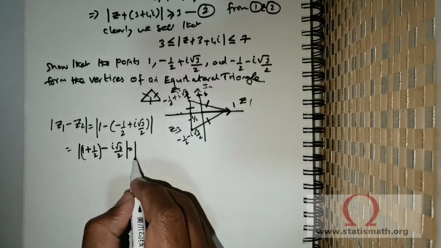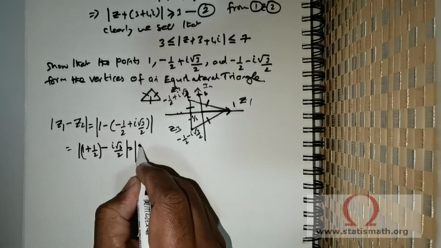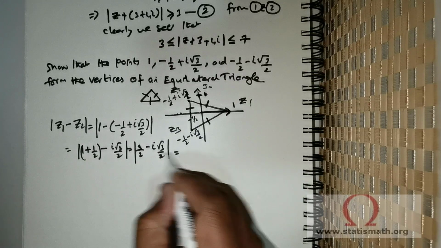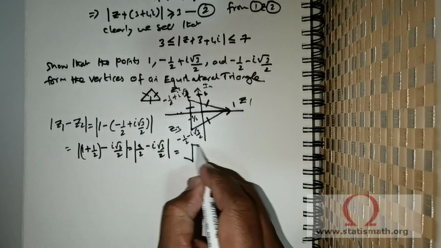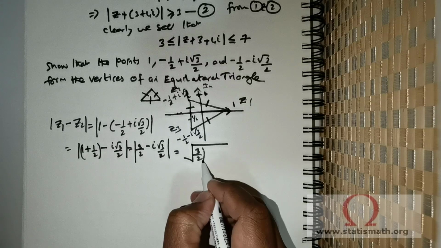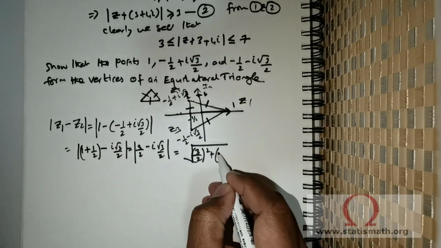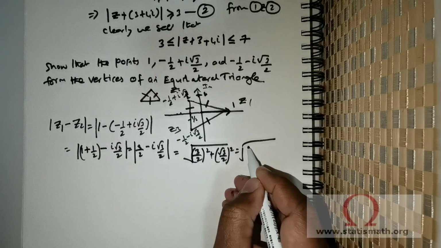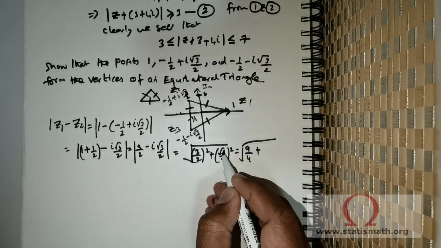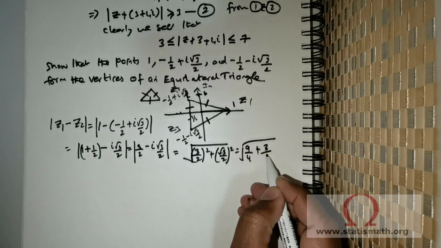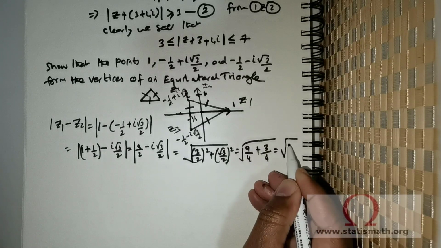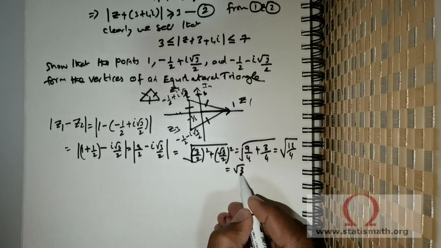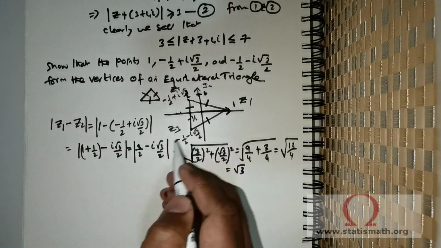Now this is equal to 1 added with 1 over 2, which gives 3 over 2, minus i times root 3 over 2. If I take the modulus, that's the root of 3 over 2 squared plus root 3 over 2 squared. This is the root of 9 divided by 4 plus 3 divided by 4, since root 3 squared gives 3 and 2 squared gives 4. So this is the root of 12 divided by 4, which is equal to root 3. This is for the first, Z1 minus Z2.